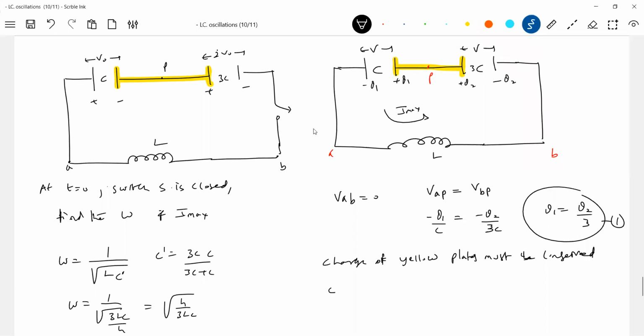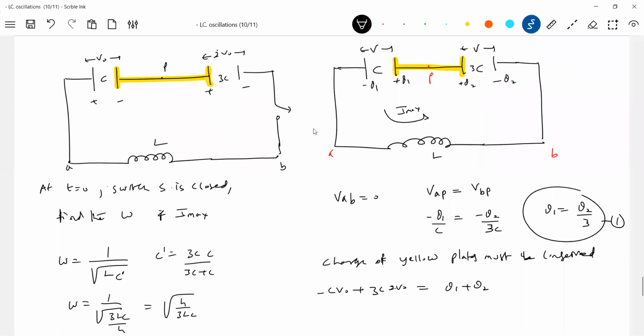So therefore this will be minus CV naught plus 3C into 2V naught should be equal to Q1 plus Q2. So two equations, two unknowns. Solving this, I'll get Q1 and Q2.